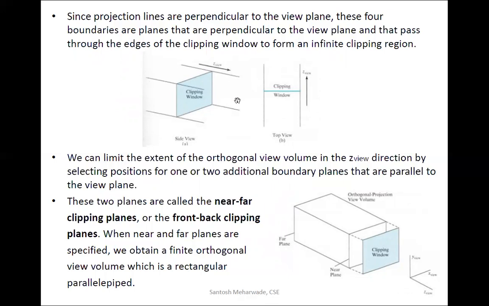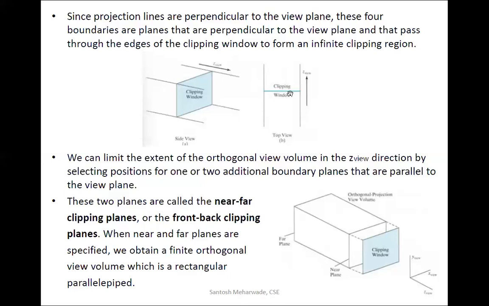They're never going to meet at any point. But whenever all these parallel lines hit the clipping window, they form an orthogonal projection. So this is the side view, and whenever you take the top view of that, you are going to get such kind of image.